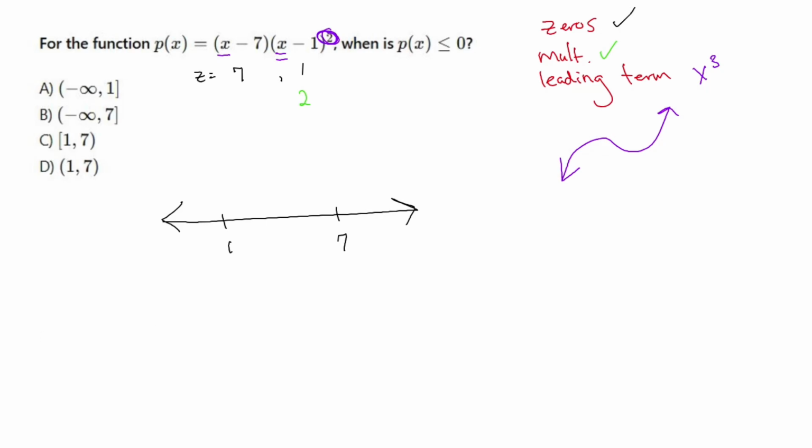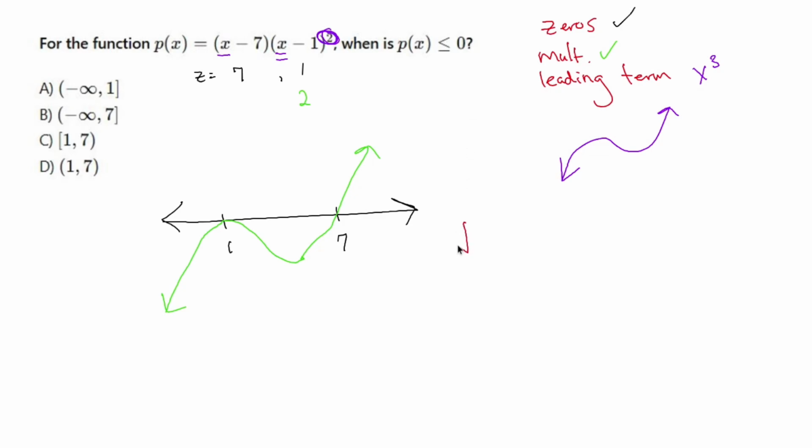As I approach 1, the multiplicity is 2, so if I were to graph this on a regular coordinate plane, I'm going to hit 1 and ricochet right off. I'm going to come back down, and since the multiplicity of this guy is an odd number, I'm going to go through 7.